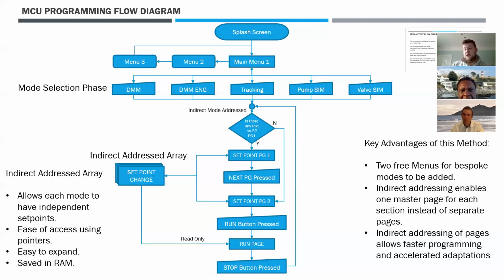If the customer came back saying they need a new mode, I could program that mode in probably half the time, because normally you would have to make a new page, whereas I've already got that page made, and it will just load the information into that page. I'll be able to show you that in a couple of minutes.